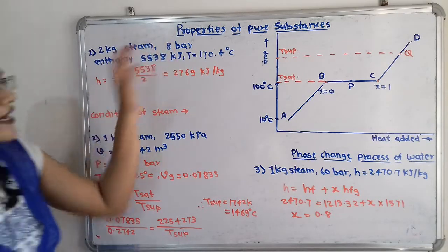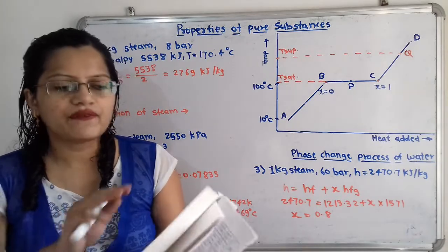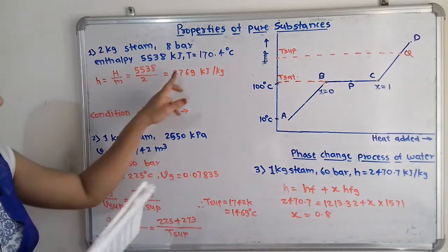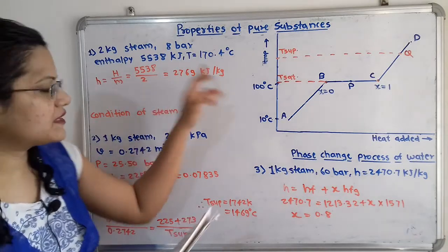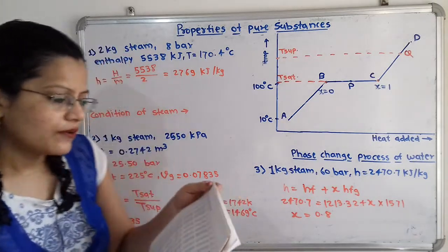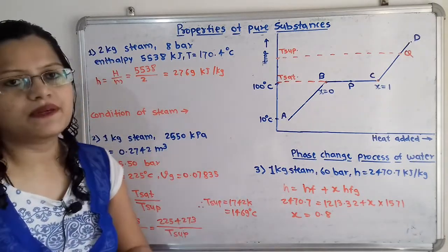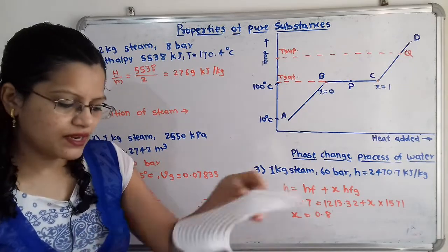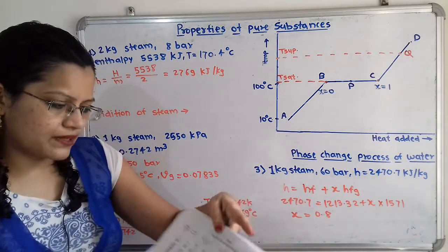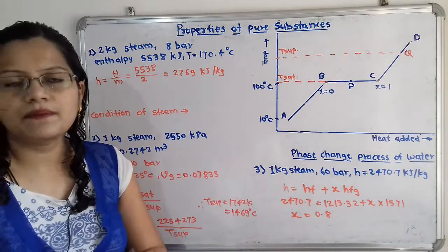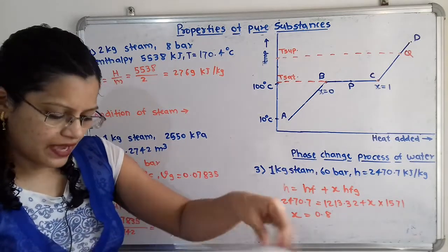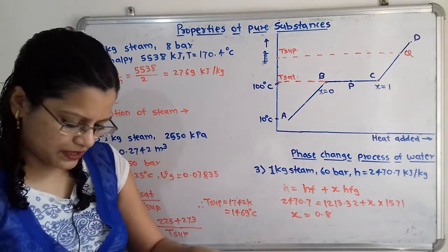Now at the 8 bar pressure, we will compare the enthalpy at the 8 bar pressure with this enthalpy. For that we have to refer to the pressure table and we will consider the 8 bar. So here is the saturated water and steam pressure table, and we will take the 8 bar pressure.